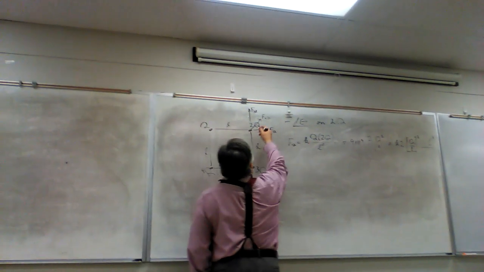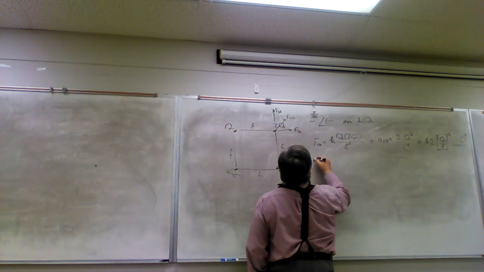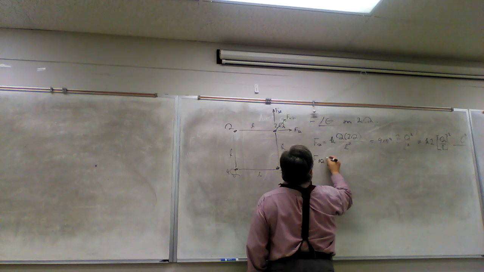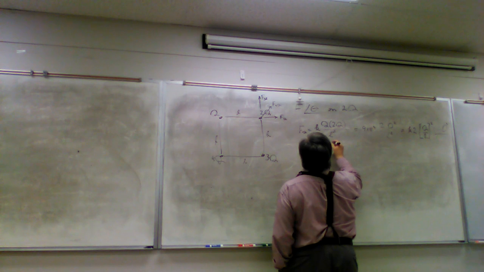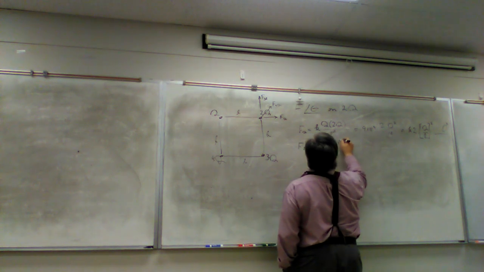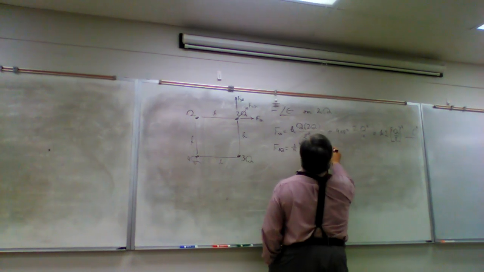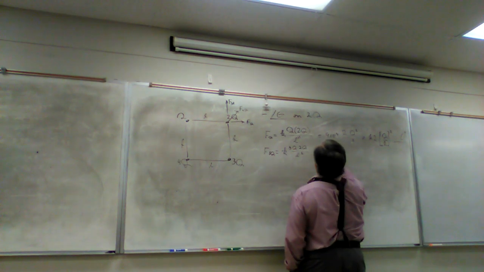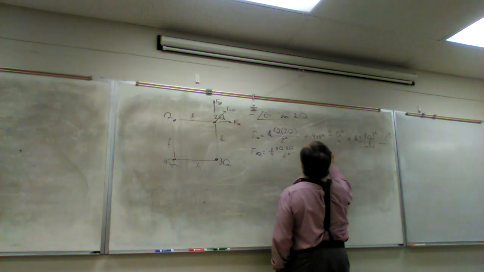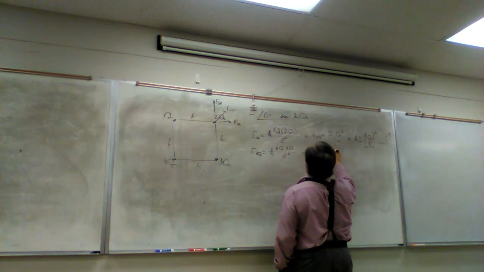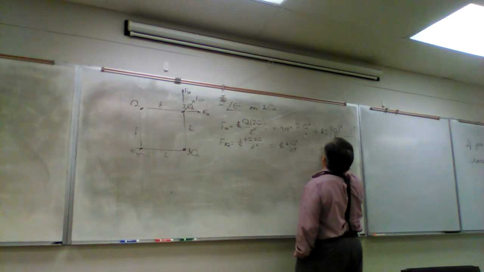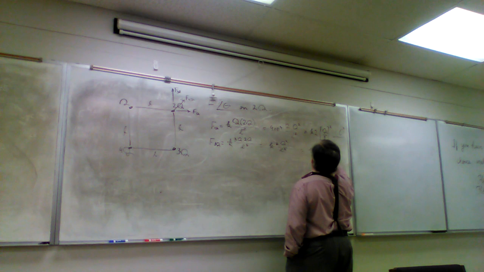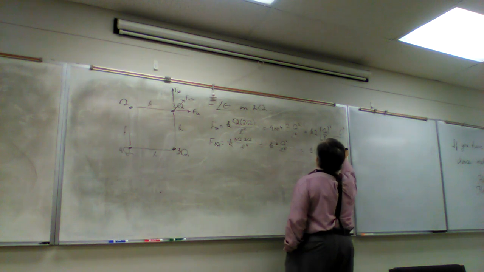Now let's look at the force from 3Q. Again, it's K times 3Q times 2Q divided by L squared, which is equal to K times 3 times 2, which is 6, Q squared over L squared, or K 6 Q over L squared.